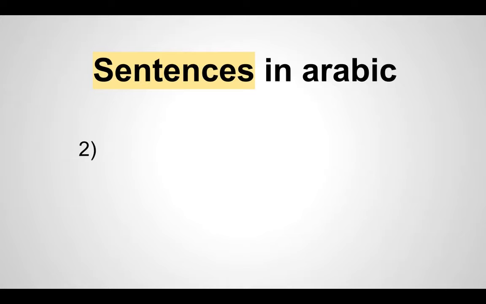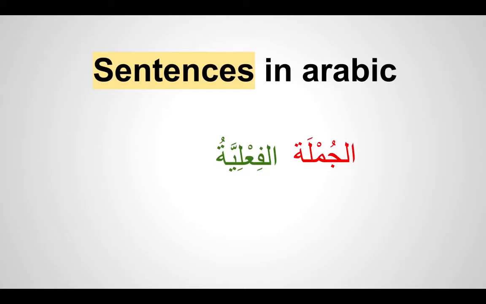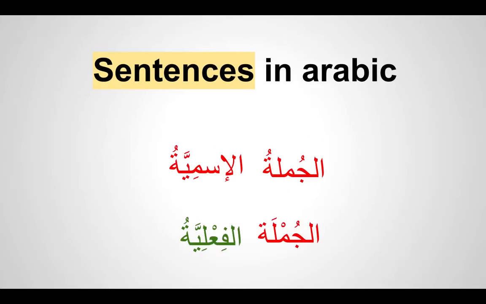The second is a jumla which begins with a fi'l, which means verb, and it is called al-jumlatul fi'liyatu. So there are two types of sentences: jumlatul ismiyah and jumlatul fi'liyah. Inshallah today we will be learning about jumlatul ismiyah.